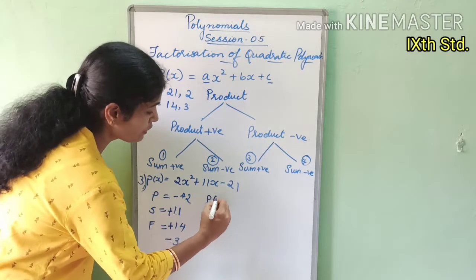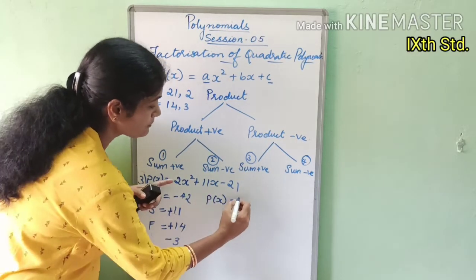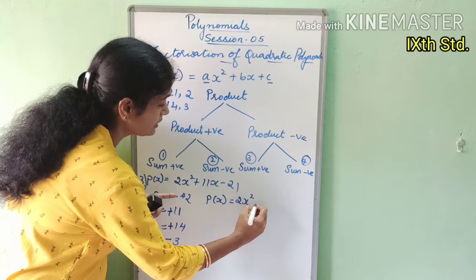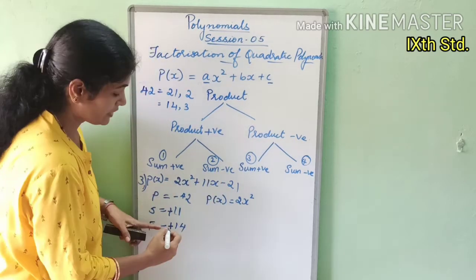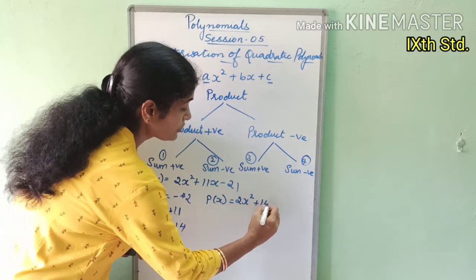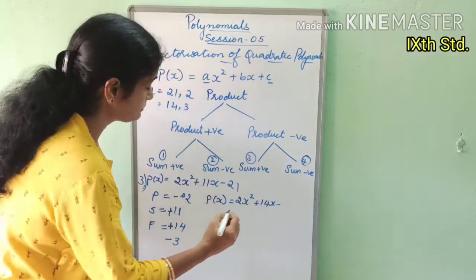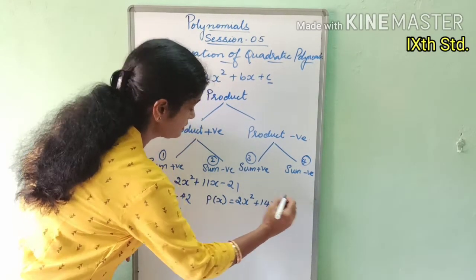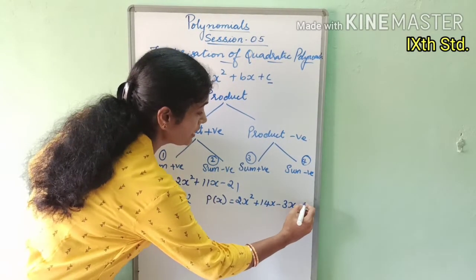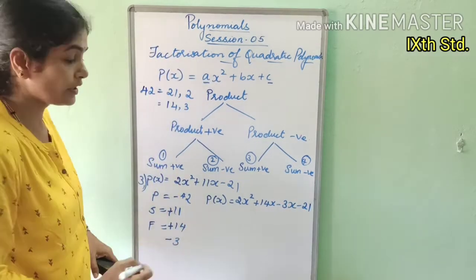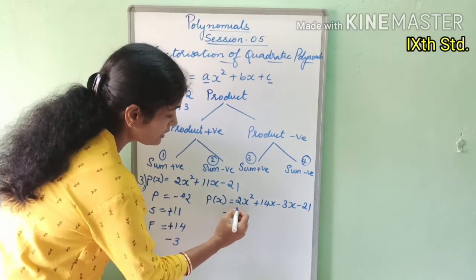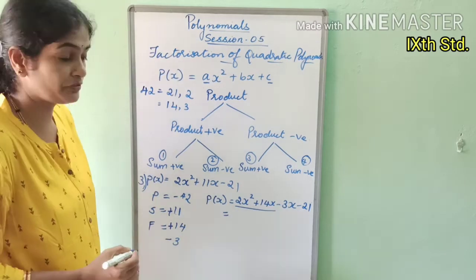So this p of x is equal to 2x square, instead of 11x, I am writing it as plus 14x minus 3x minus 21. Then with this, again you will take out the common factor.